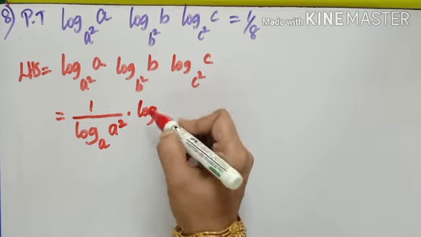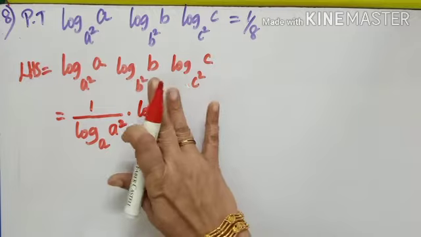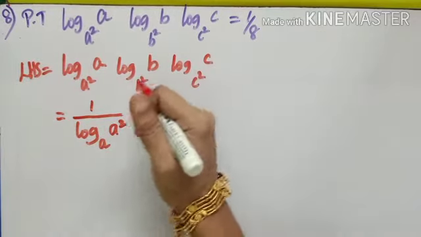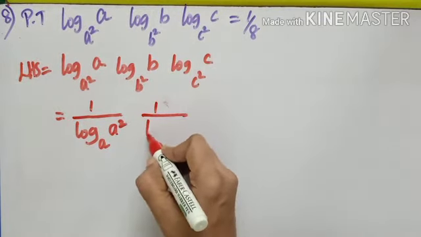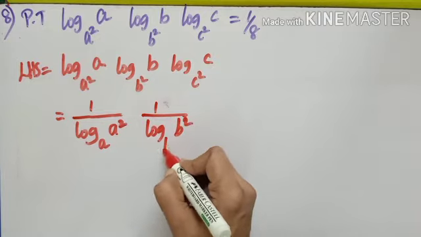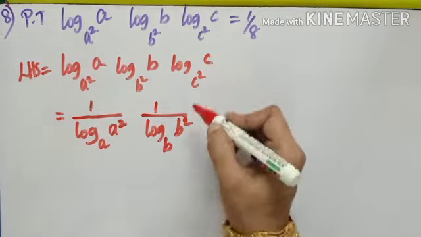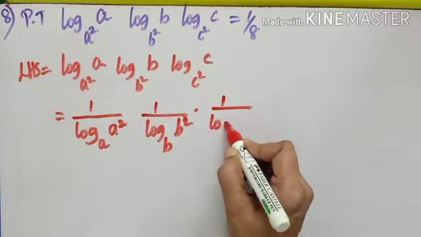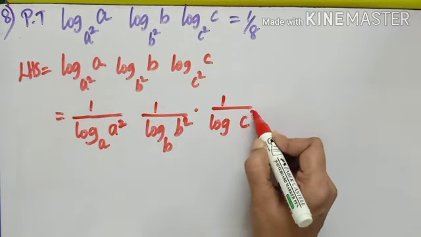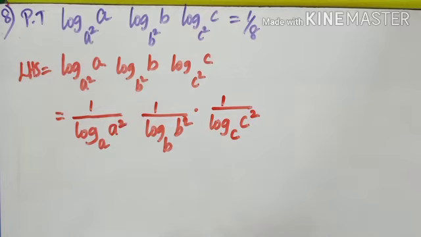Similarly, log b base b square I write as 1 by log b square base b. The same idea, log c base c square will be written as 1 by log c square base c.